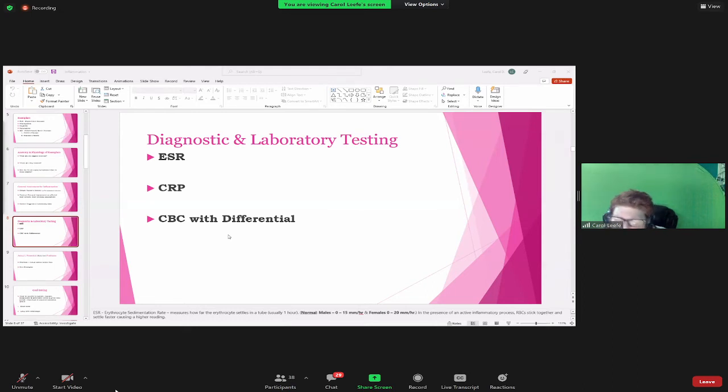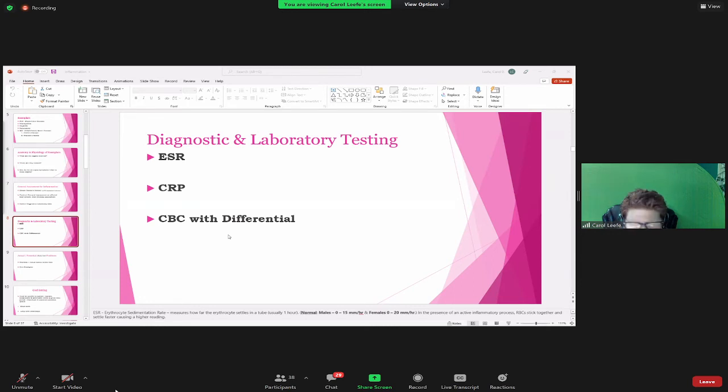Now, CBC with differential. CBC, you're going to have to memorize cold. White blood cells, 5 to 10,000 per millimeter cubed. That's what's on your sheet.